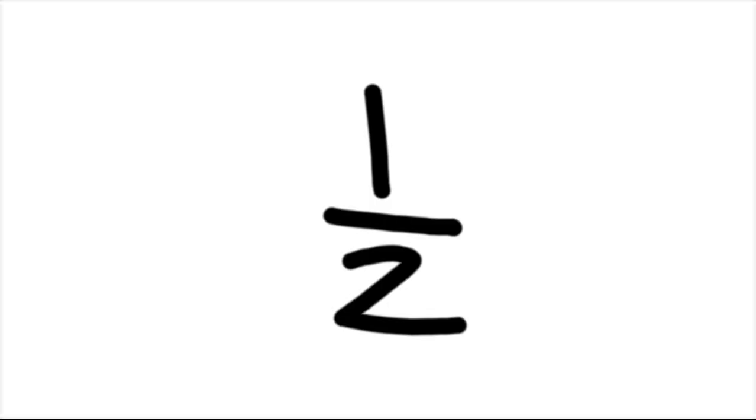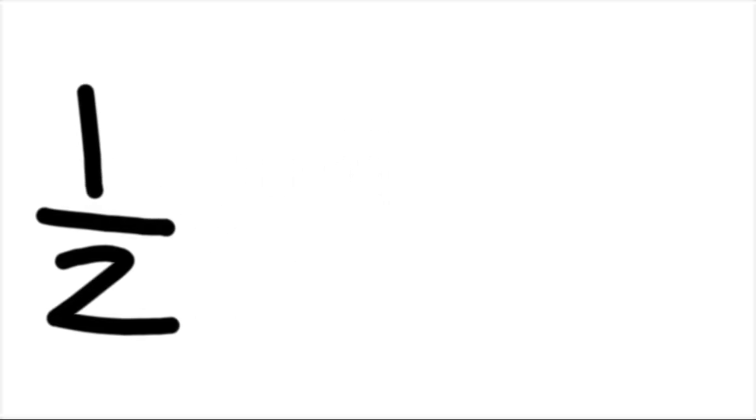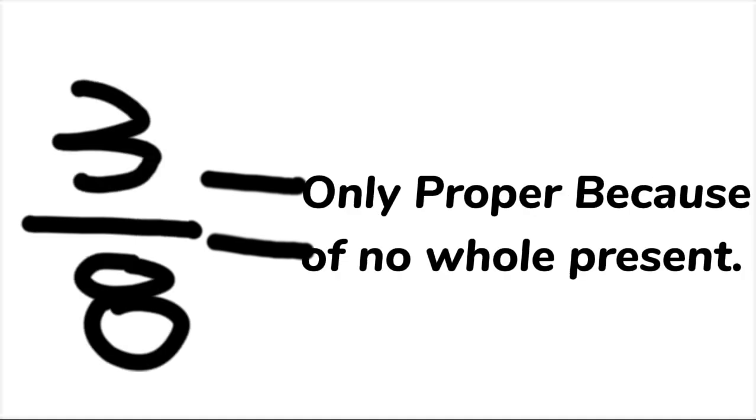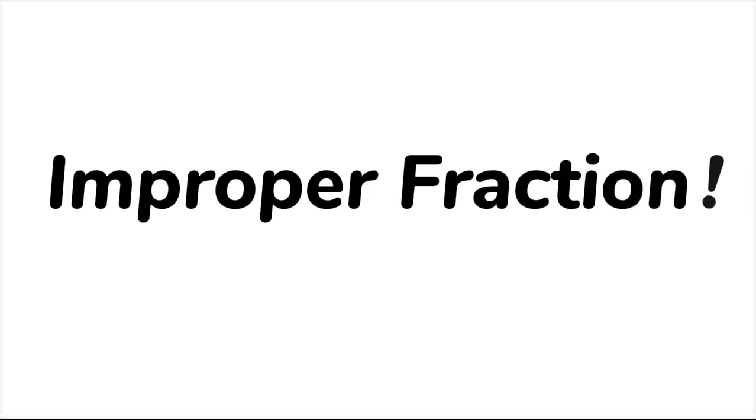He used the same example fraction for proper and unit fraction. What is that? So the fraction you are thinking about is 1/2, and this fraction is actually both proper and unit. And the other same example I used is 3/8, since I also used that in the fractional part of the mixed number explanation.